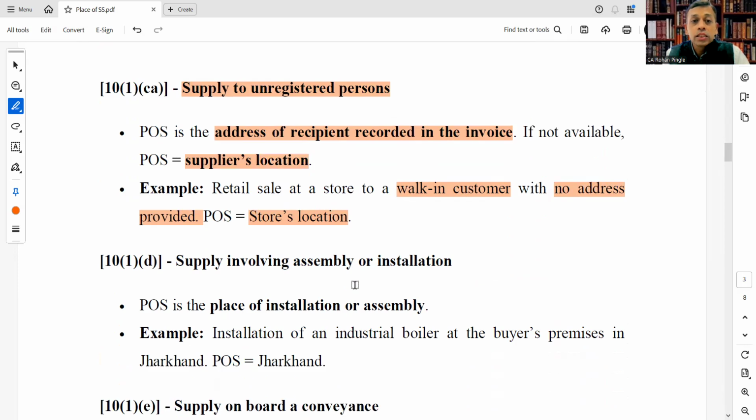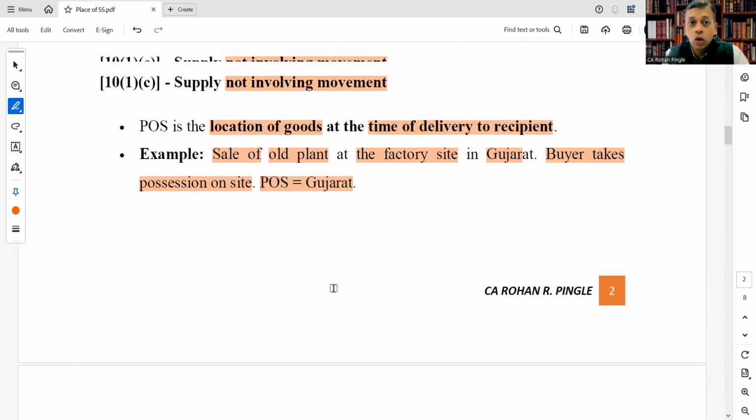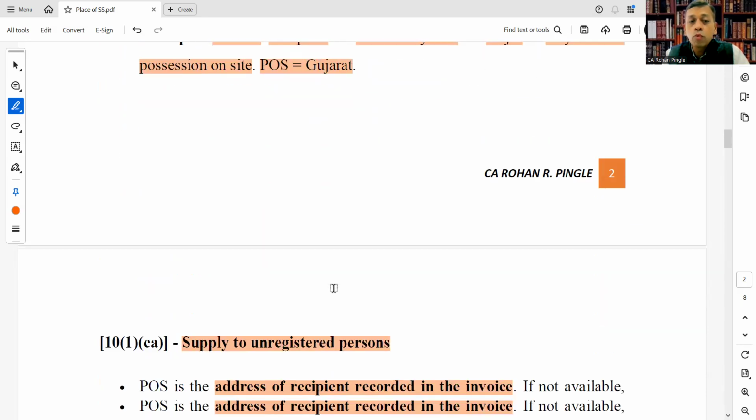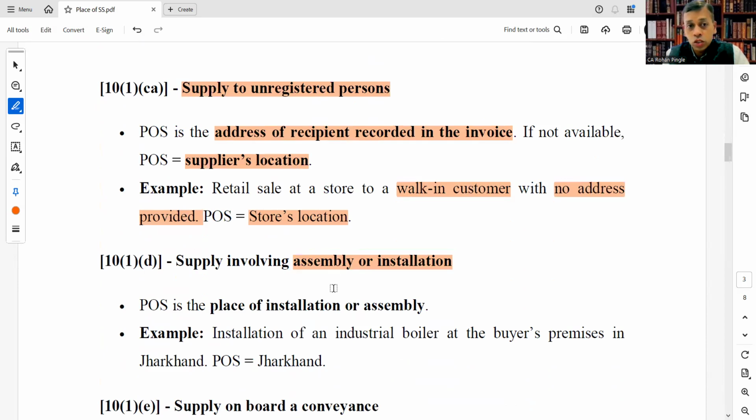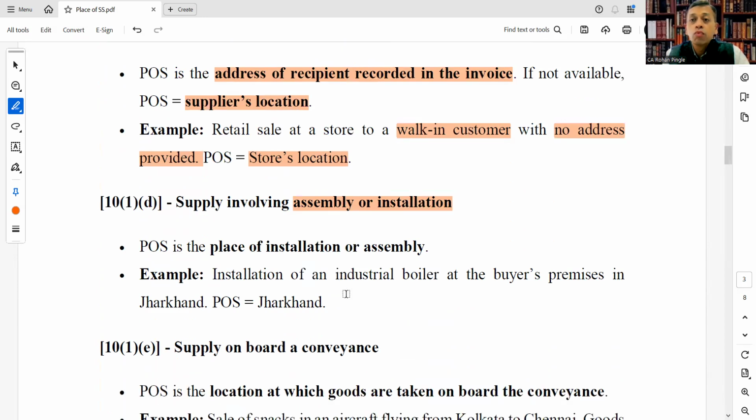Clause D: supply involving assembly or installation. What we have studied till now is movement of goods, build to ship to model, then clause C not involving movement, and clause CA supply to unregistered persons. Now we are talking about clause D of section 10, subsection 1, supply involving assembling or installation.